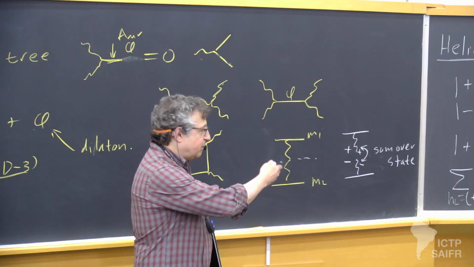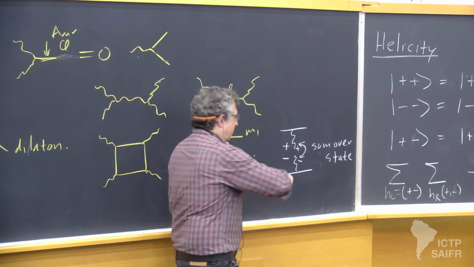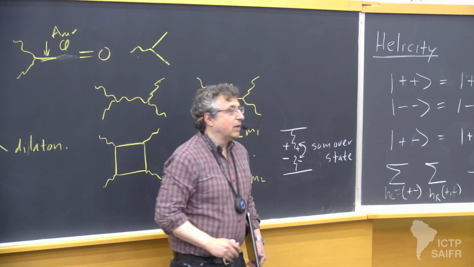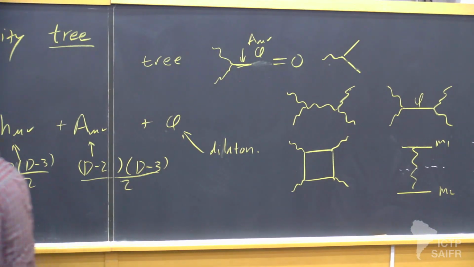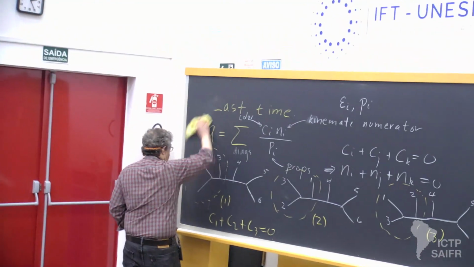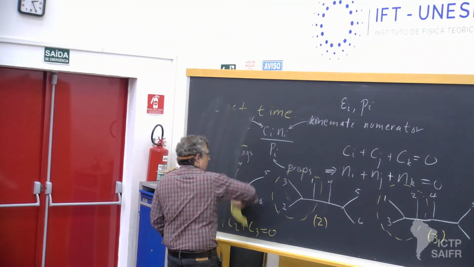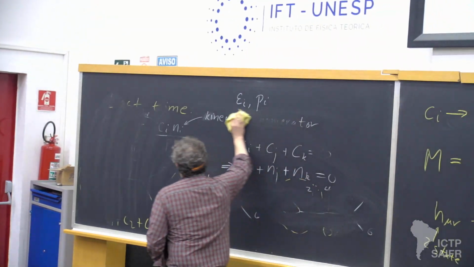So it's because we have access to the states when we're looking on shell, then it's actually fairly easy to deal with. Okay, now let me just maybe hopefully quickly talk about d dimensions, how it works there.